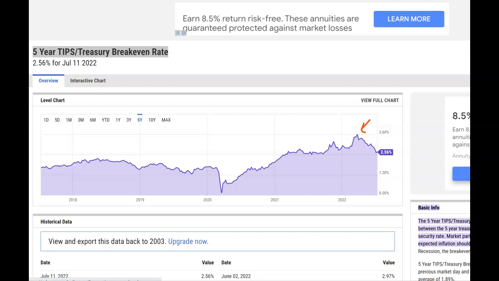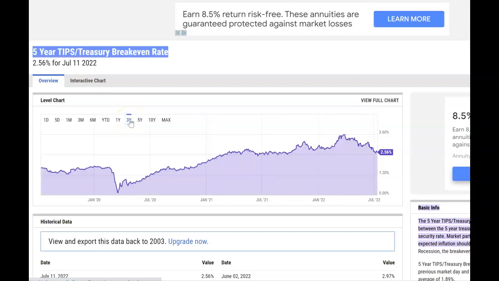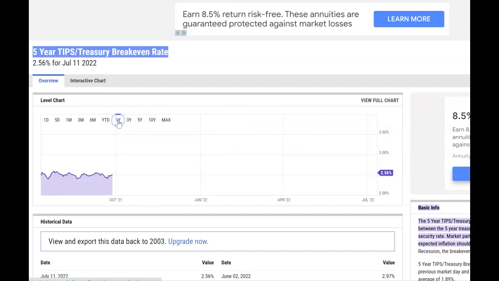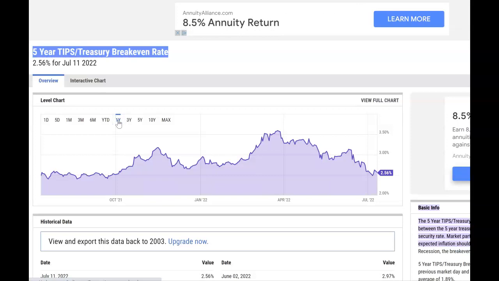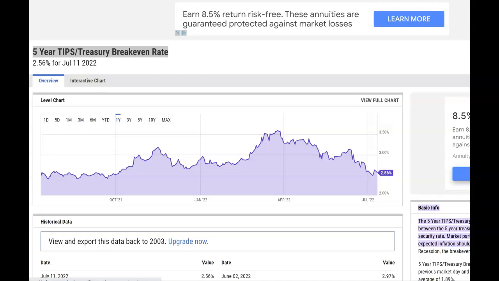So that tells you that even though inflation expectations are higher, the bond market does not expect it to stay this high for very long. But the important point is the Treasury market is seeing that expectations for the medium term are falling. And right now it sits at only 2.56%.